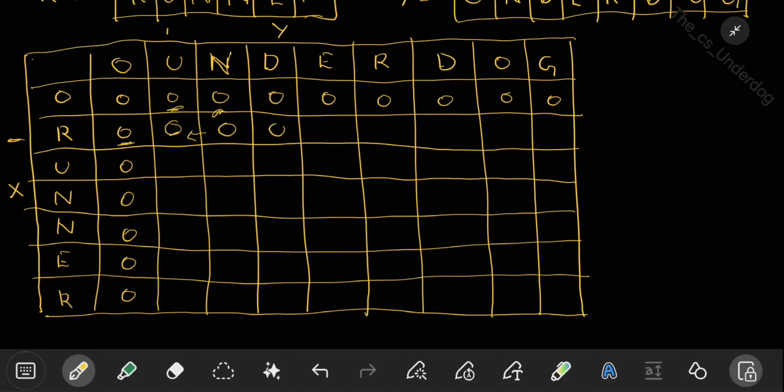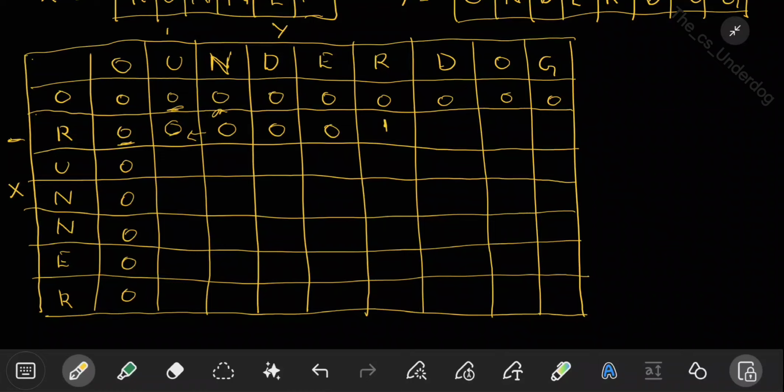The same case with D, the same case with E. But then here R matches. This is interesting. Whenever you find a match, you see the element diagonally above it, and you do 1 plus the value of that element. So 1 plus 0 is 1. This is the value here.